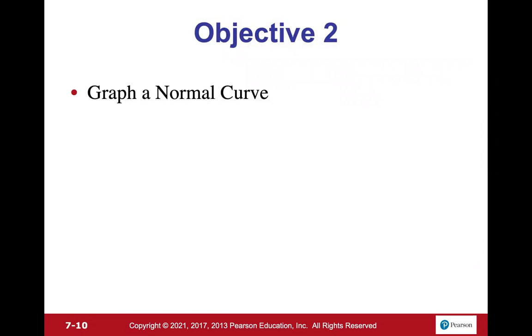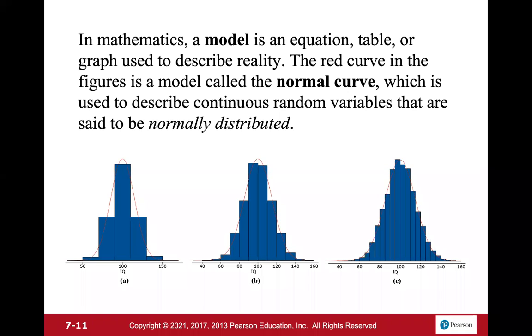All right, so next we're going to talk about the graph of a normal curve. Just like we were talking about in the previous video, something that's normally distributed is going to have a normal shape like this, roughly. So in mathematics, a model is an equation, table, or graph used to describe reality.